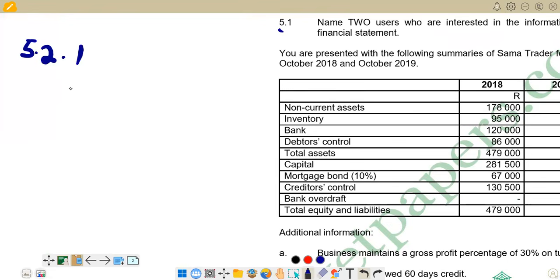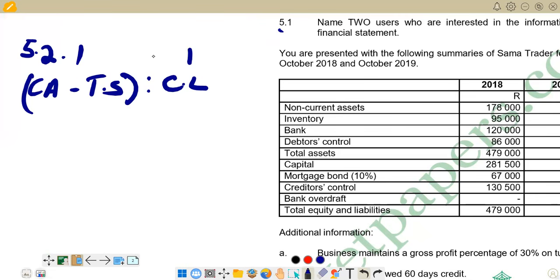The formula for the acid test ratio, remember, is current assets minus trading stock, and the answer that we get we express as a ratio to current liabilities. We are going to leave the current liabilities side as 1.